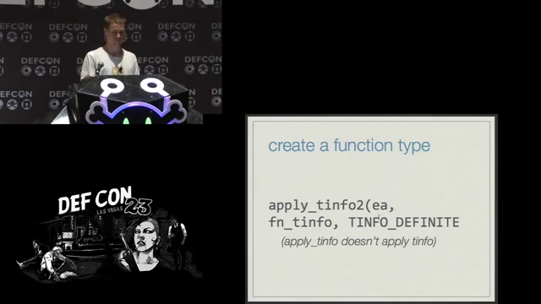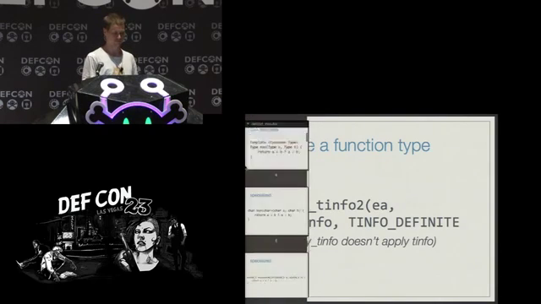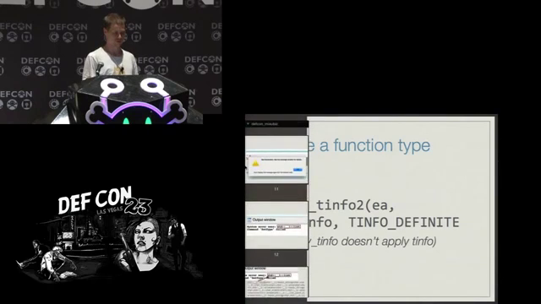Then there's a function called apply Tinfo 2, because apply Tinfo was taken, but it doesn't apply Tinfo. So apply Tinfo 2 applies Tinfo. And now this does the same as whatever I did in the first one.